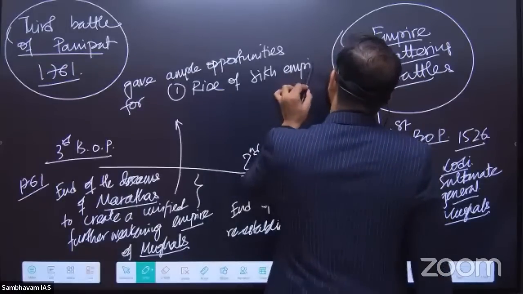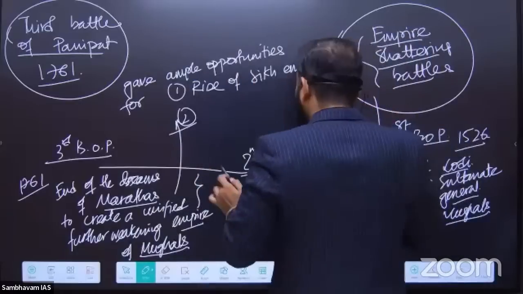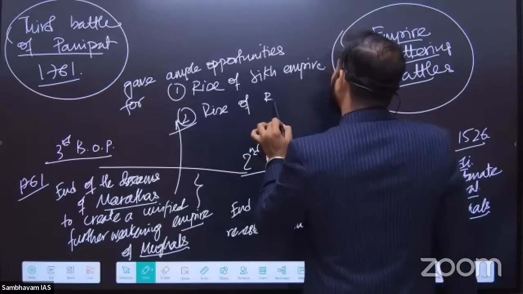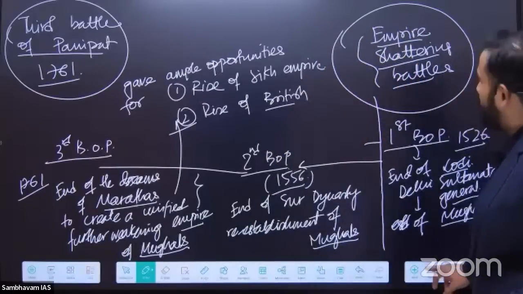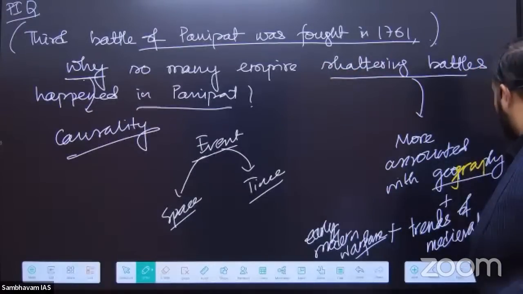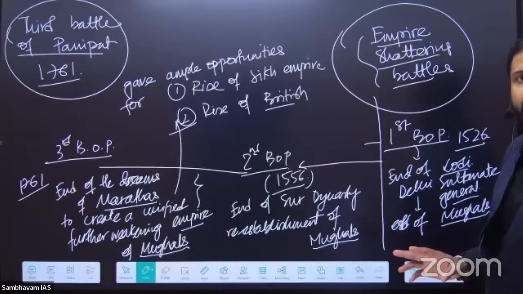Rise of Sikh empire, then the rise of British. I am simply taking clauses from the thesis statement for this component, and I have explained why it is empire shattering.